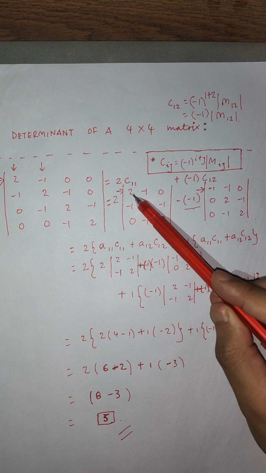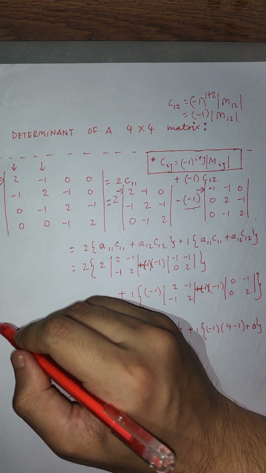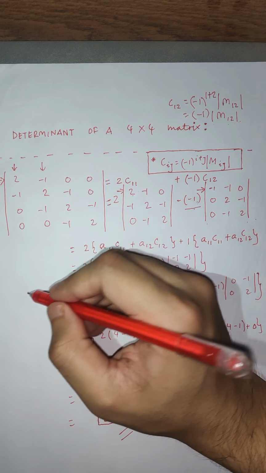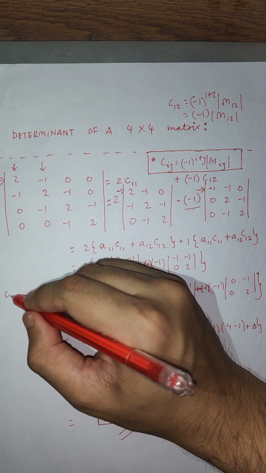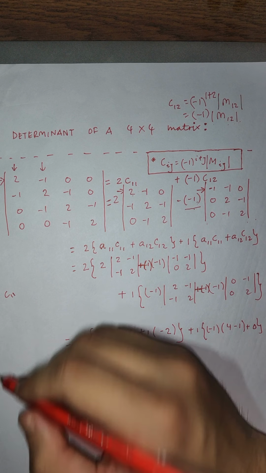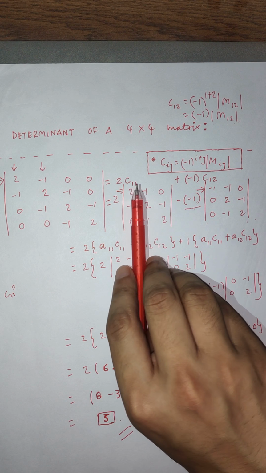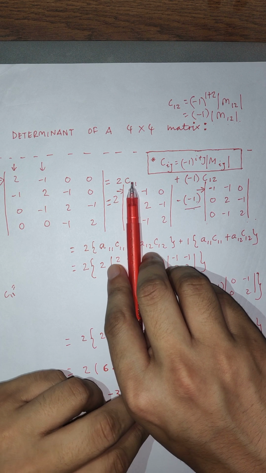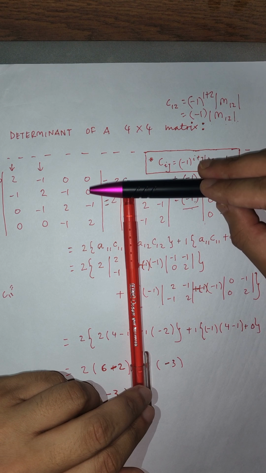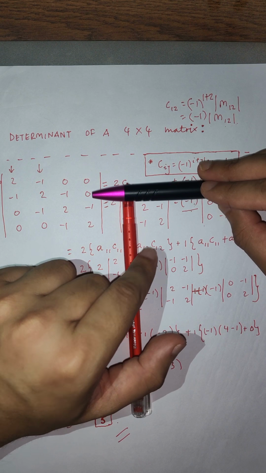So the cofactor for this position would be C11, which is equal to, so I go to this position, I hide that column and row, and I see 2, -1, -1, and 2.